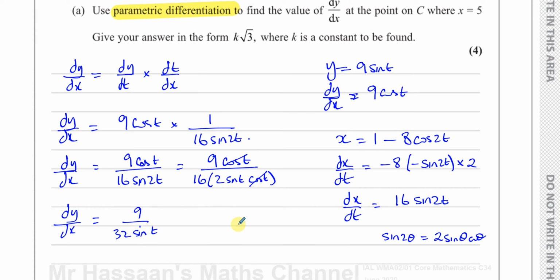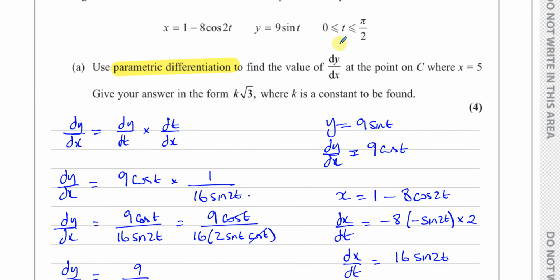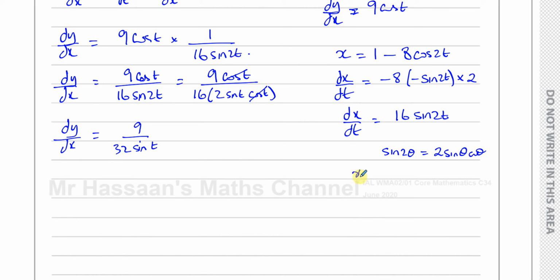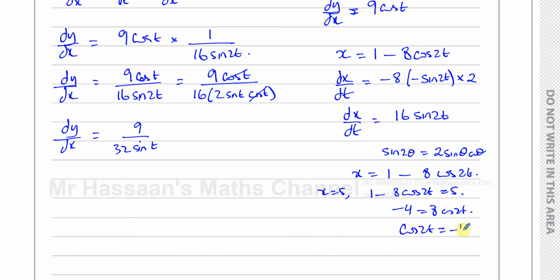Now it's for us to find out what t is when x is 5. We know x equals 1 minus 8 cosine 2t, so when x equals 5, 1 minus 8 cosine 2t equals 5. We're left with negative 4 equals 8 cosine 2t, so cosine 2t is equal to negative a half.